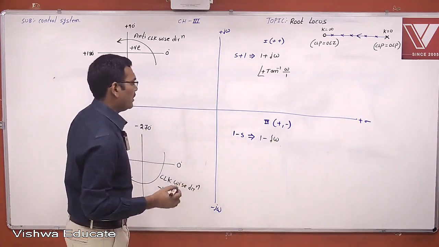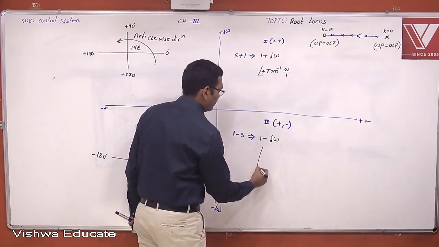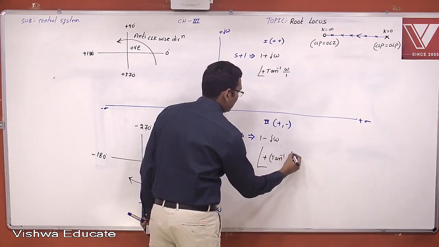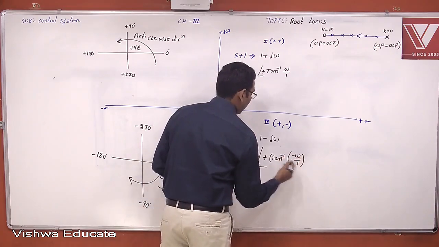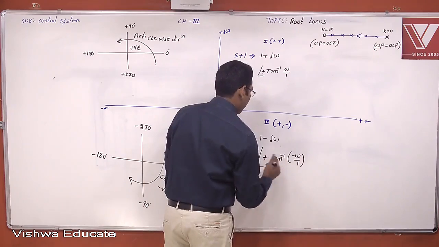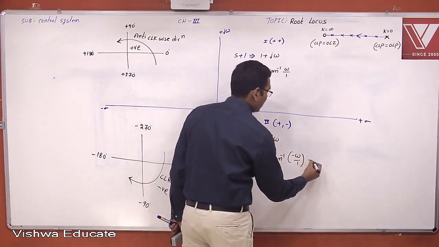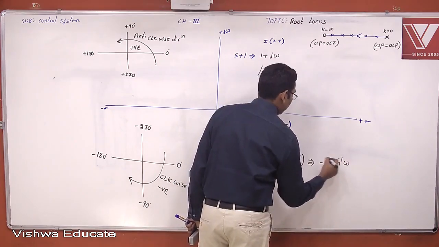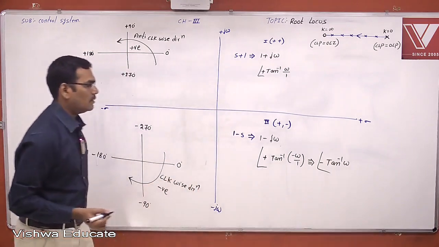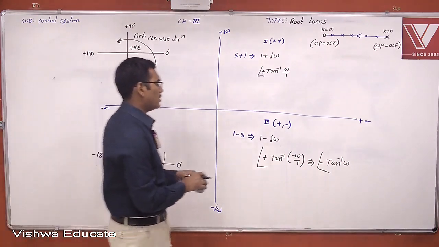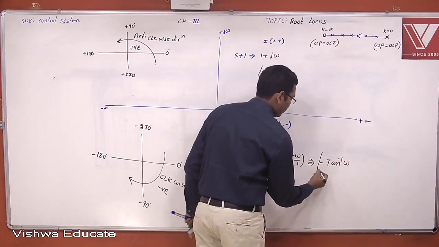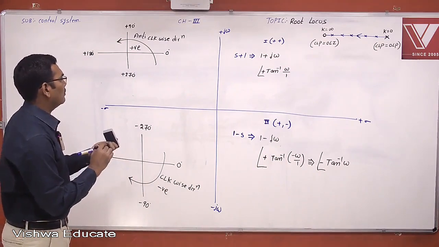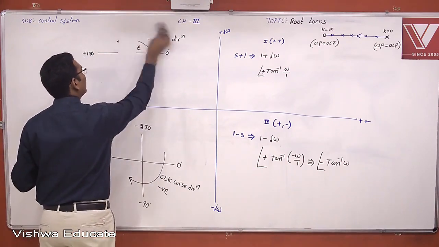Now this numerator is positive only, therefore tan inverse imaginary part by real part, which is nothing but minus tan inverse omega. This is the angle, minus tan inverse omega. This is in the fourth quadrant. Now I am asking, you tell me what is the angle here.